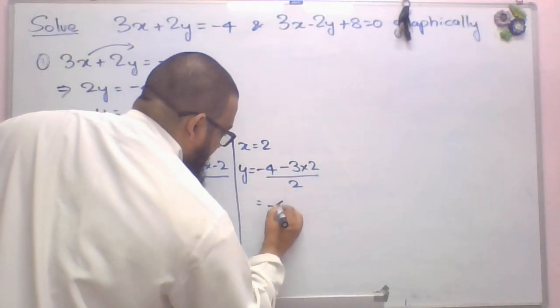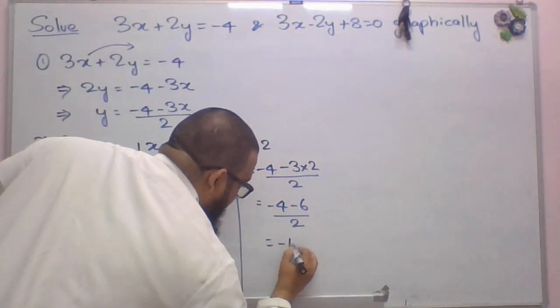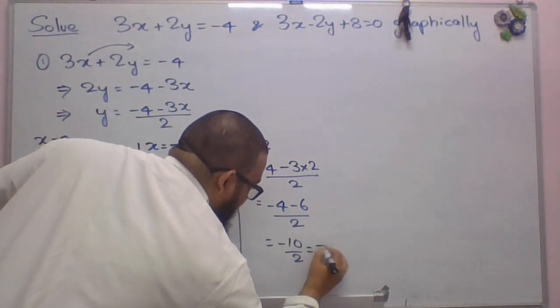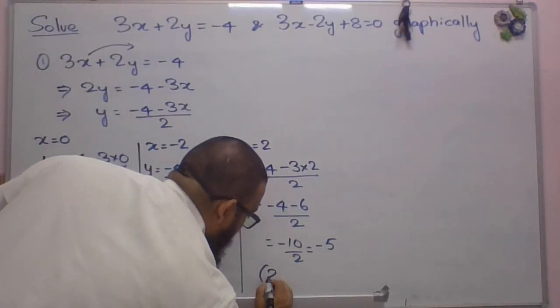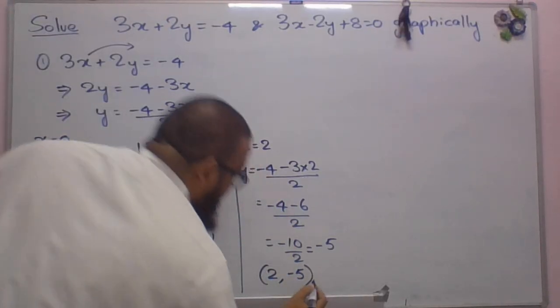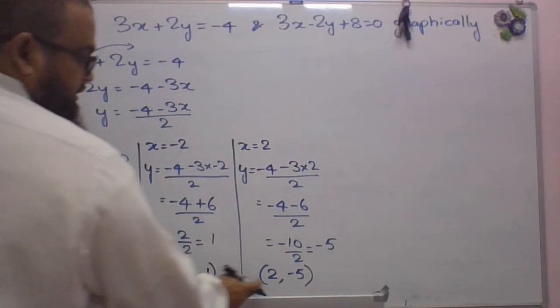So that is equal to minus 4 minus 6 divided by 2. That is equal to minus 10 by 2, that equals minus 5. So what is the coordinate over here? 2 comma minus 5. Okay. So for the first equation you got three solutions.